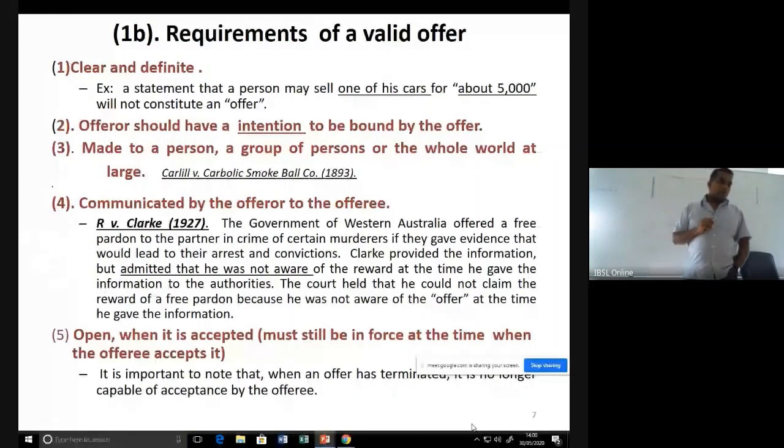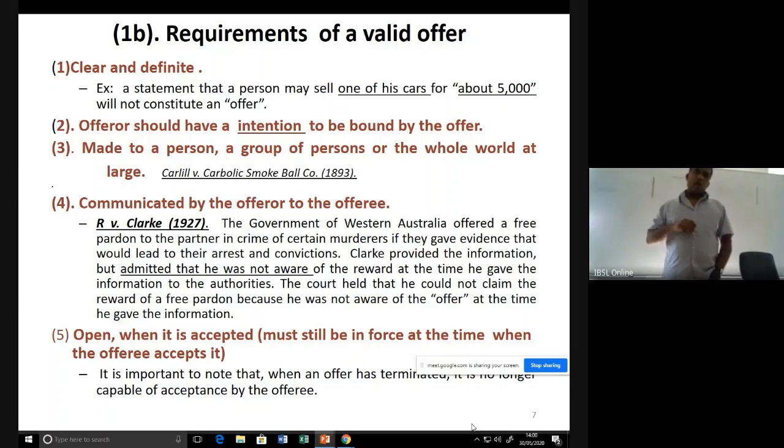At the time Mr. Clark provided this information to the police, he didn't know about this pardon. So the offer made by the government was not actually communicated to Clark.